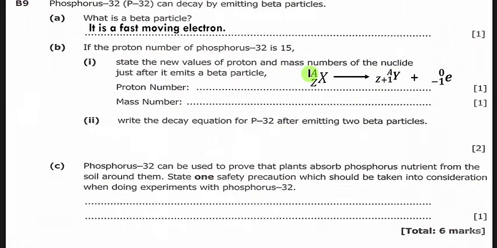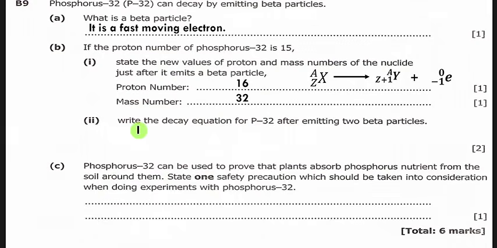Then the mass number here remains the same. So if you have 32 here, 32 here, even here 32. If you have 15 here, 15 plus 1, 16. That's why we are saying the proton number is 16, then the mass number is still 32.